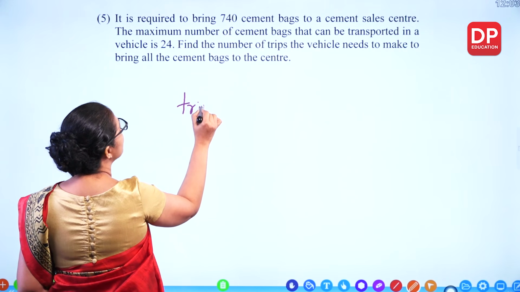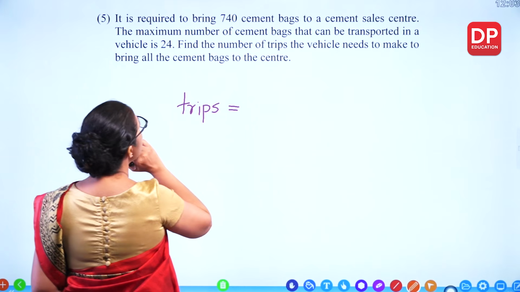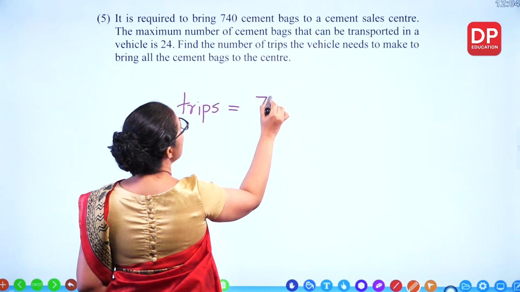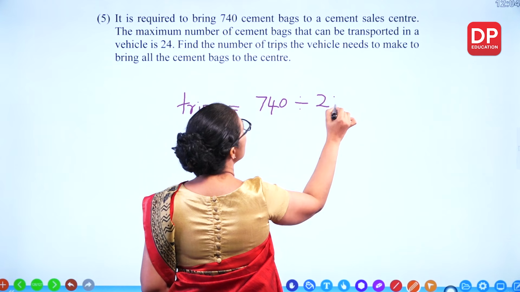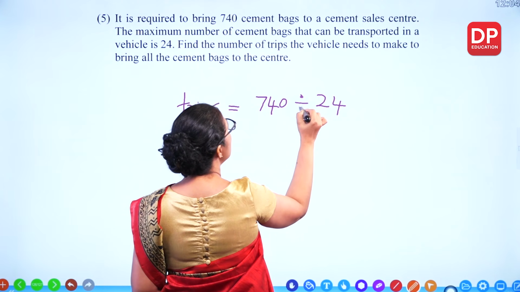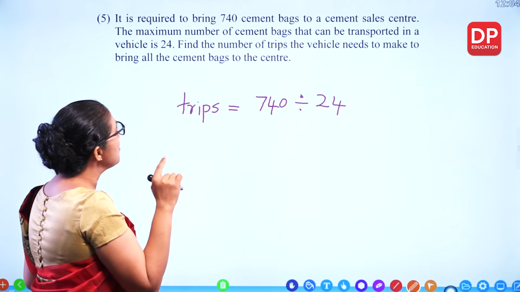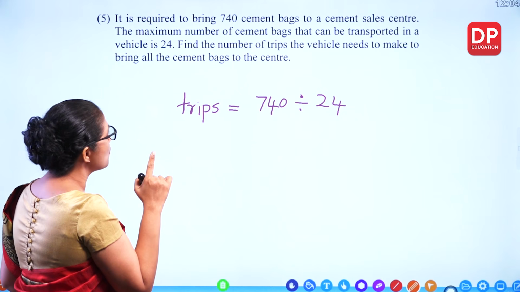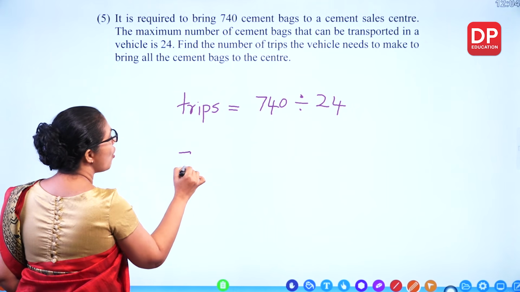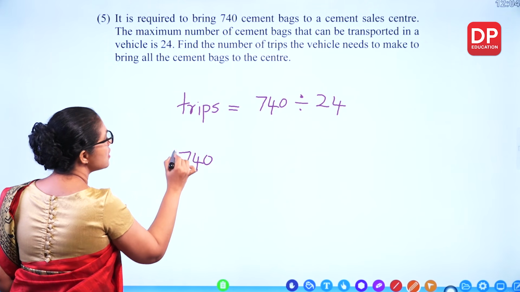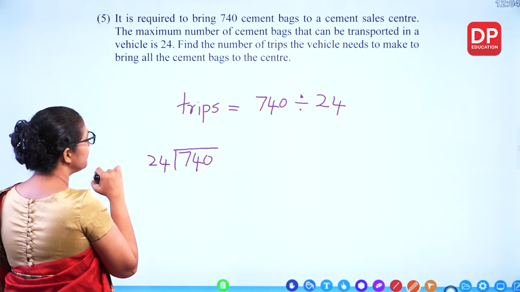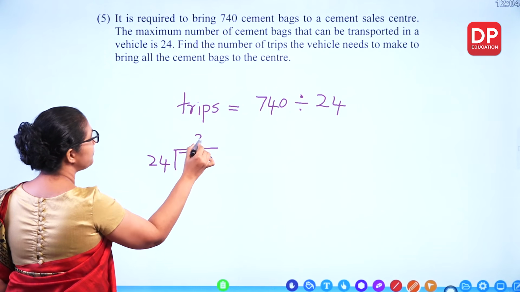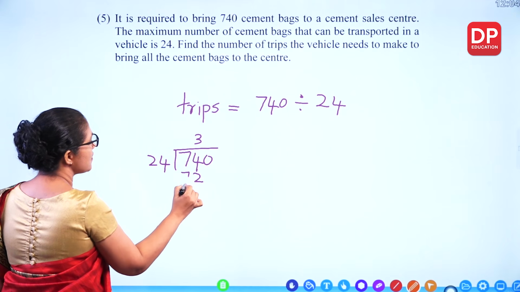Number of trips is equal to 740 divided by 24, because each vehicle only 24 cement bags we can transport. So we'll do long division. 740 divided by 24. 24 times 3, 72.